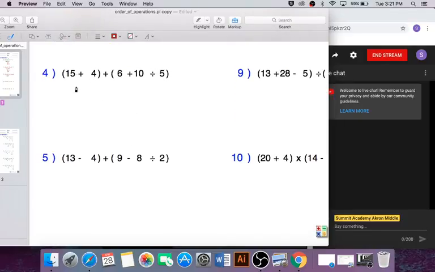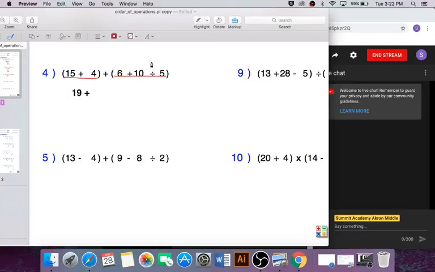Here we have 2 sets of parentheses, so we're going to solve the parentheses first. So we have 15 plus 4 which is 19, plus, and here we have addition and division.